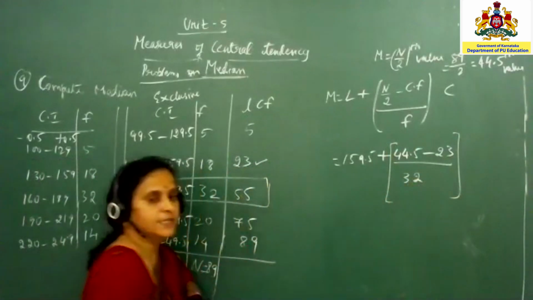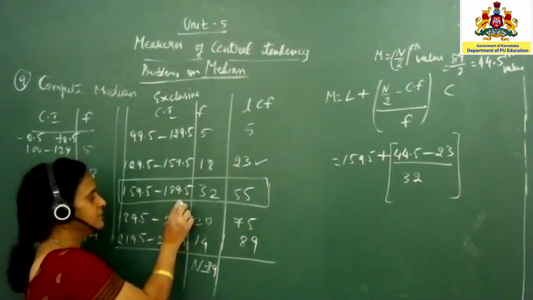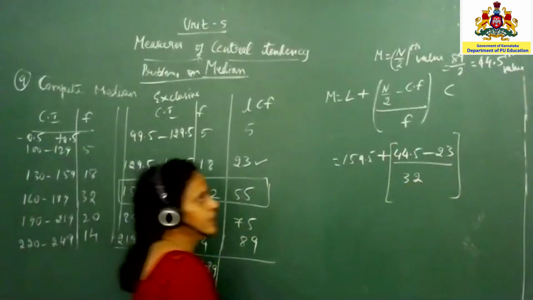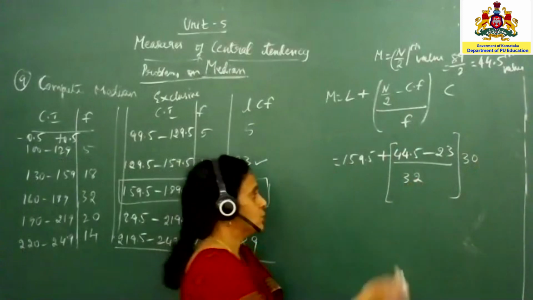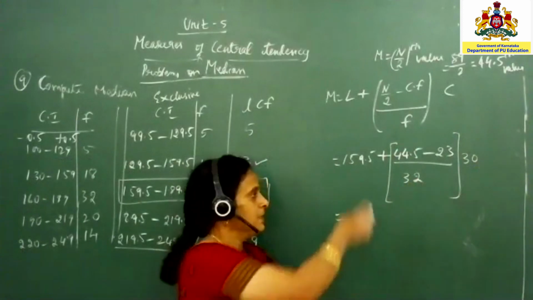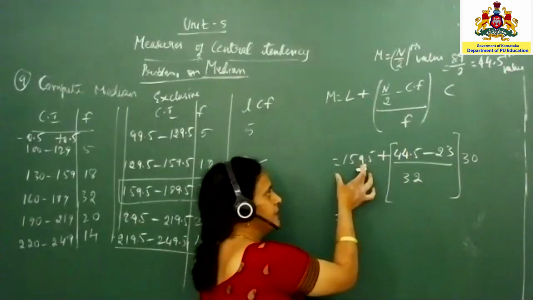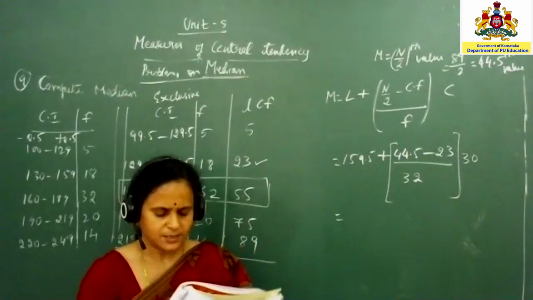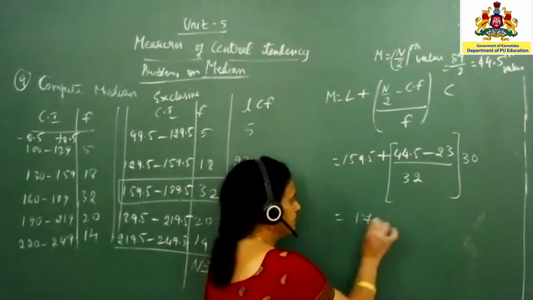And what is C? C is the width of the median class, so 189.5 minus 159.5, which is 30. Similar to the previous problem, first finish the second part, and then at last add it to the first part to get the final answer. The answer is 179.652.